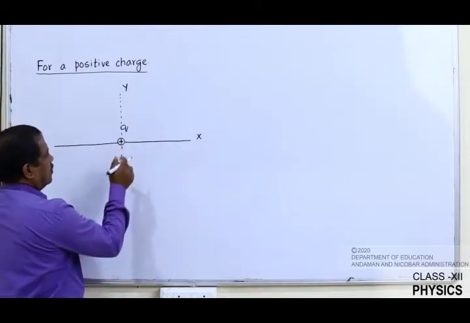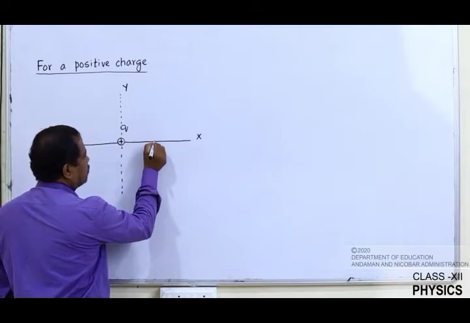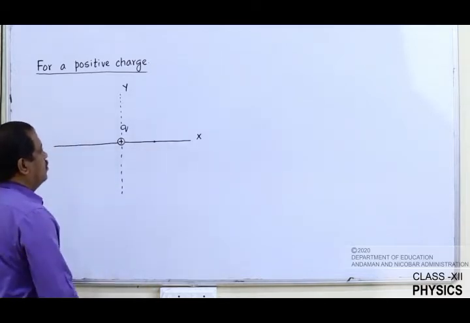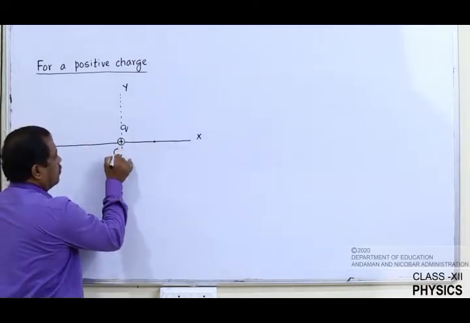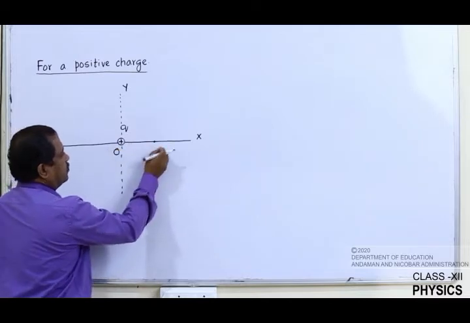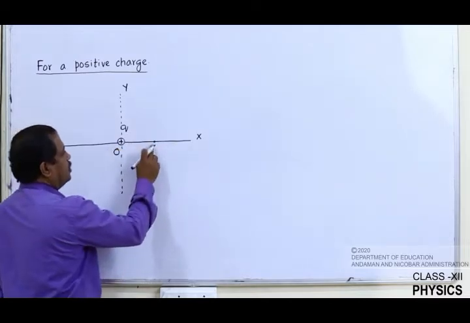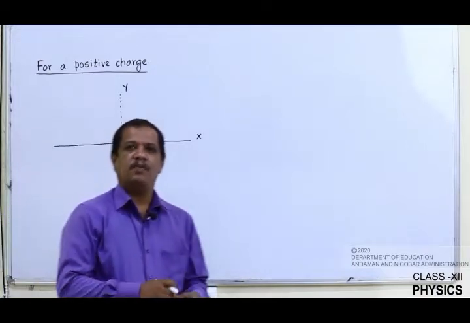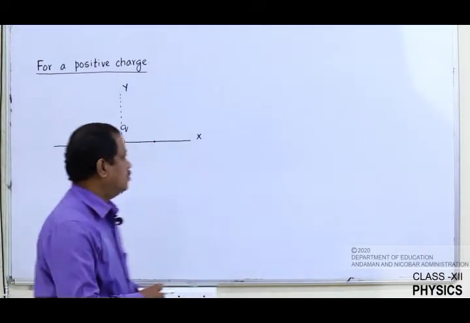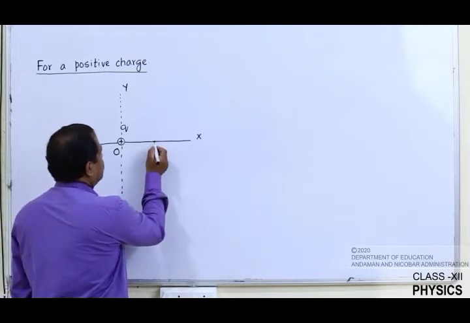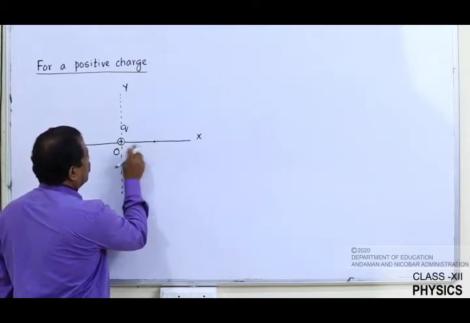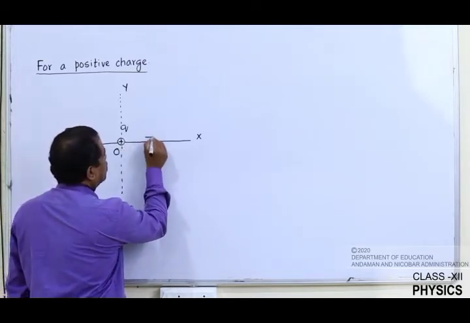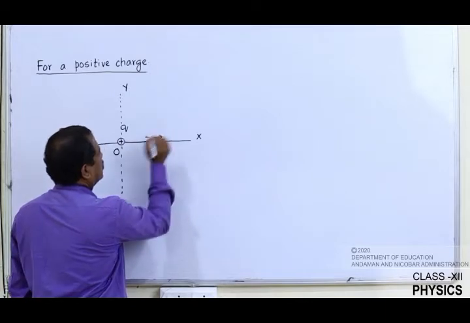If I take a point on the positive side of the origin along the x axis, I know the electric field varies inversely proportional to the square of the distance. Similarly, the direction of the electric field at this point is along the positive direction.